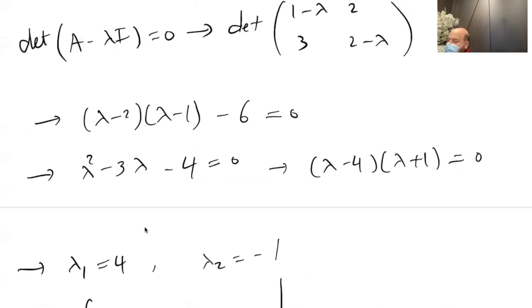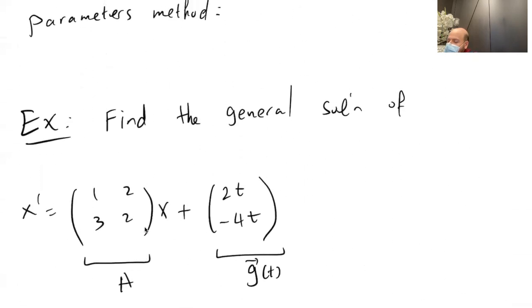Remember from before when we had just one equation, if the non-homogeneous part was 2t, we would have the guess for the particular solution to be at plus b. If it was t squared, quadratic, then our guess would be at squared plus bt plus c.